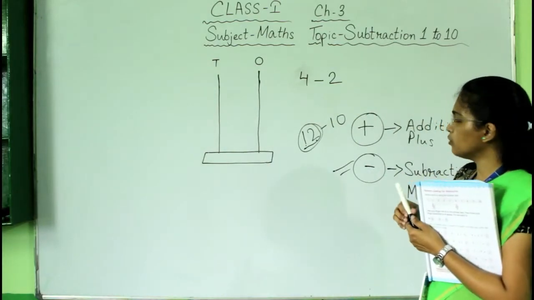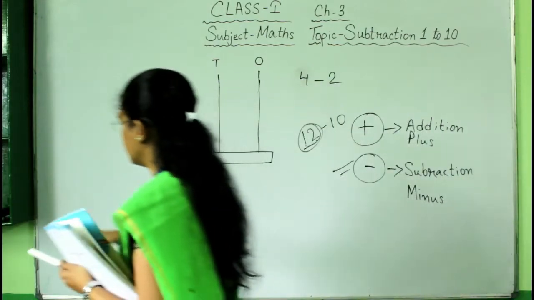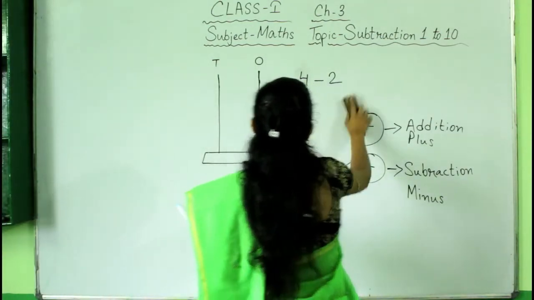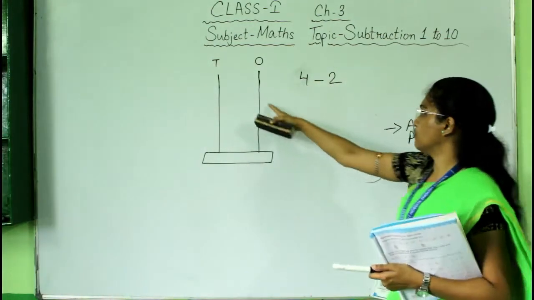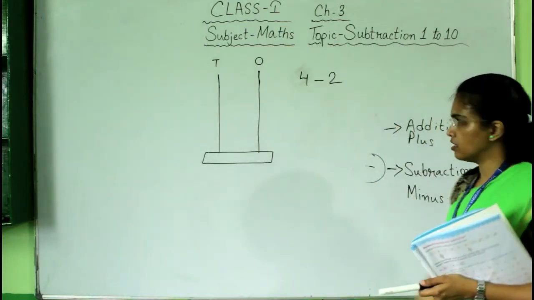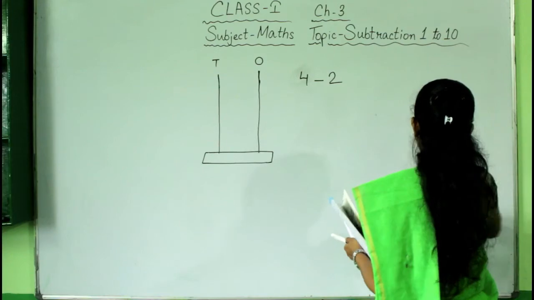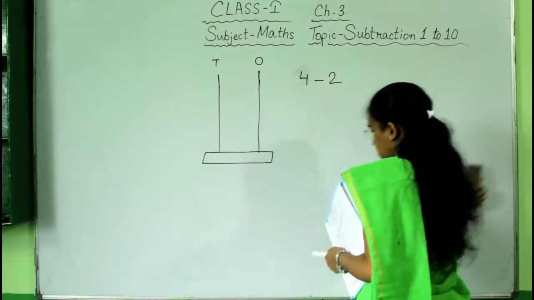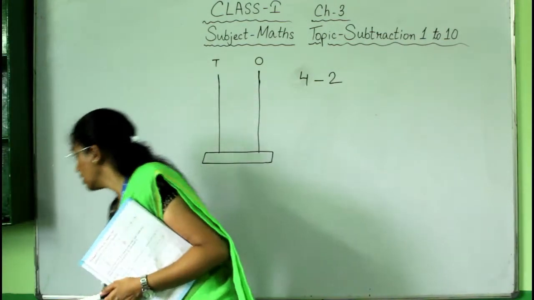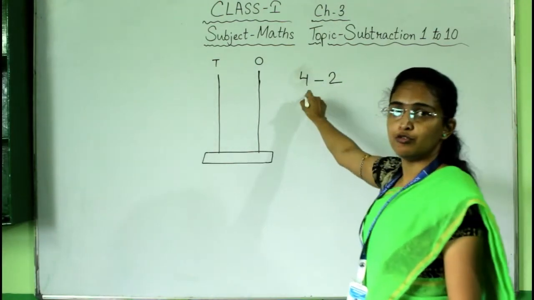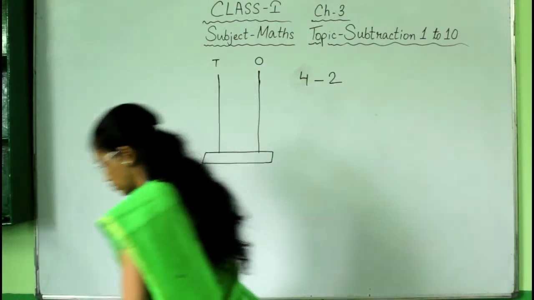But now we are going to use which one? Now we are going to use 1 digit. That is, we are going to use this stick. One stick, okay? Now what is written here? 4. So what do we have to do?